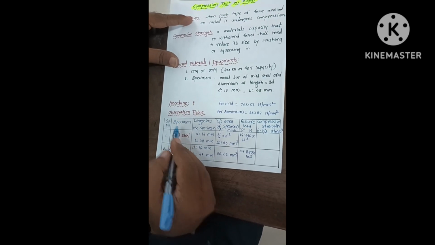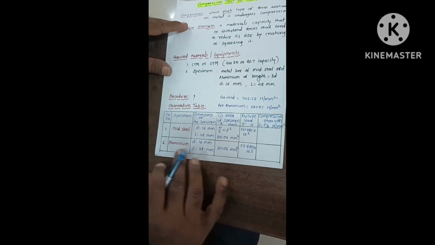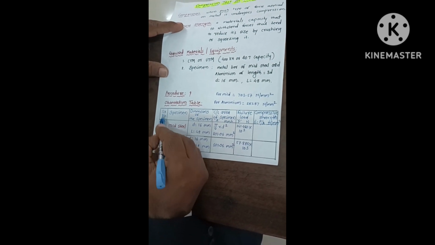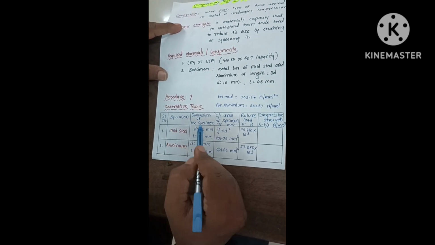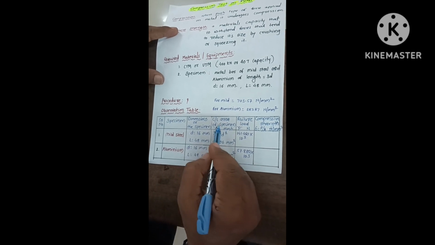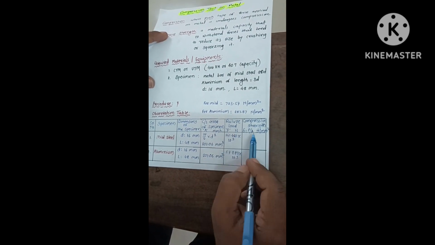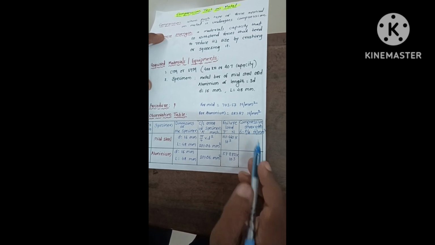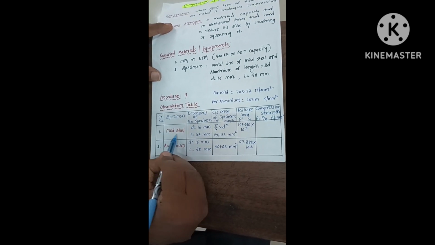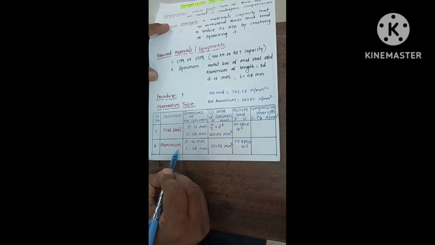Now we will go for the observation table. The observation table involves serial number, specimen, dimensions of the specimen, cross-sectional area of the specimen, load at failure, and compressive strength. Here we have taken specimens of mild steel and aluminium.